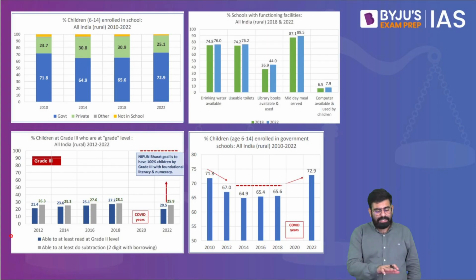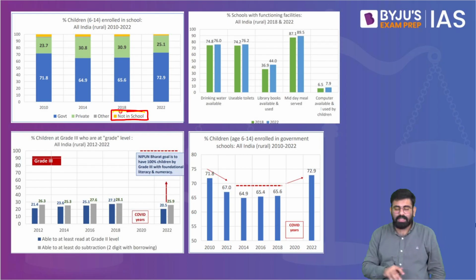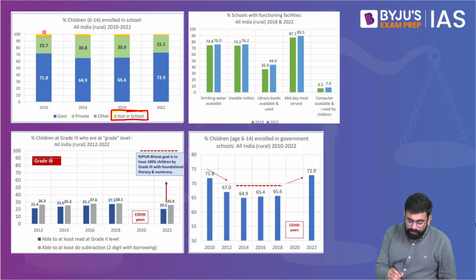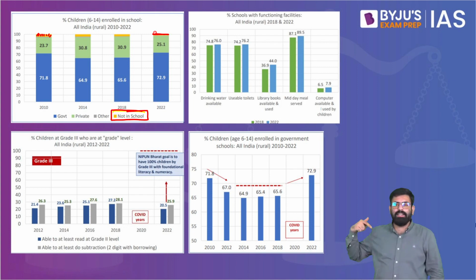Now look at this. If you look at the rate of enrollment, this yellow part in these graphs is actually of the students who are not in school, who have not enrolled. And it has been decreasing over the years. Look at 2010 and then at 2022, and you find that the number of students enrolling in schools has been increasing.